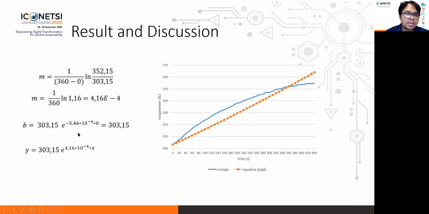So the complete equation is Y, or the temperature, equals 303.15 times the exponent of 4.16 times 10 to the power of -4 times X. This equation has this point, the orange point, and the average graph for the ambient is like this.